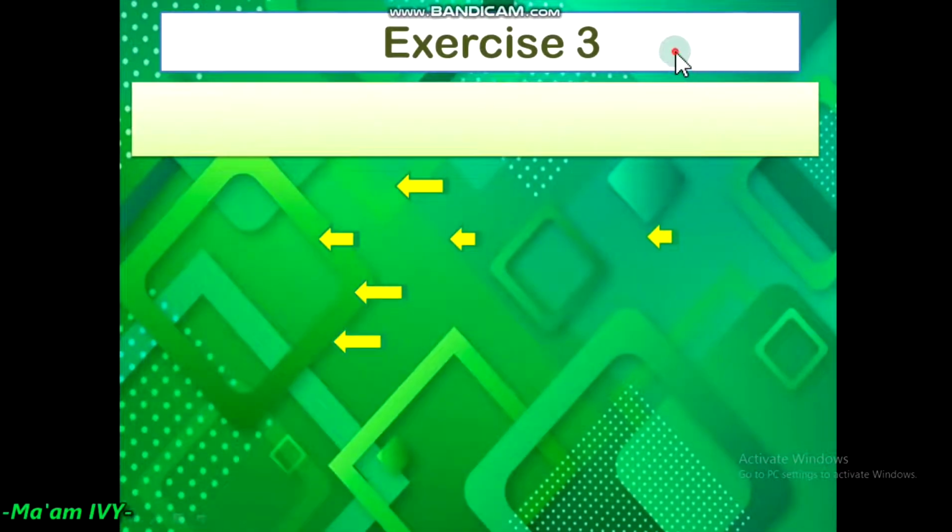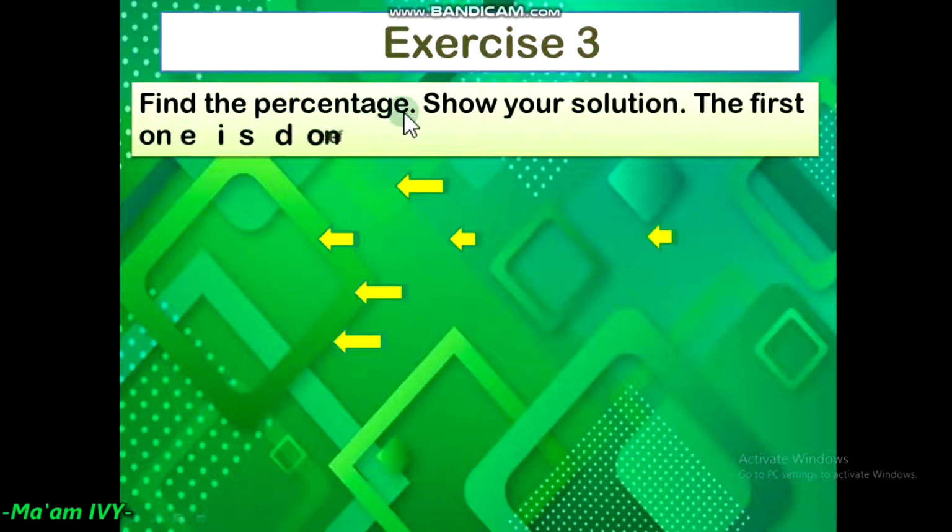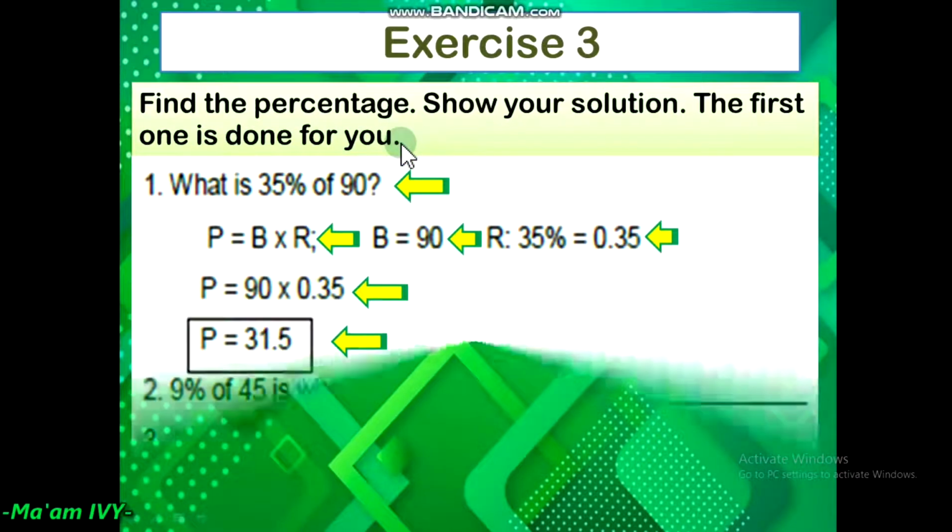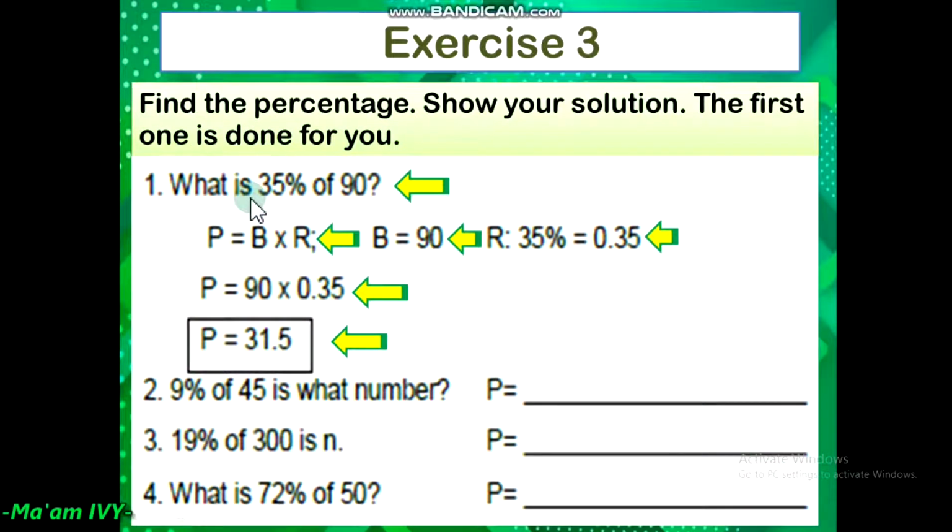Next, for exercise 3, find the percentage. Show your solution. The first one is done for you. In your example, what is 35% of 90? You are going to write the formula, P equals B times R, and then identify your given.